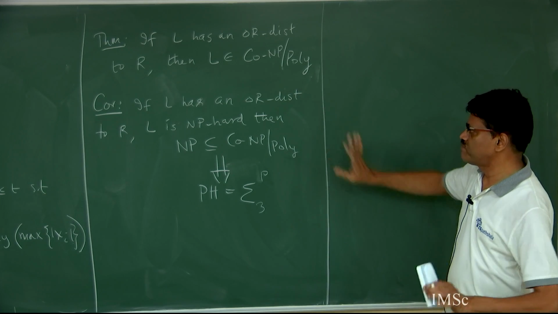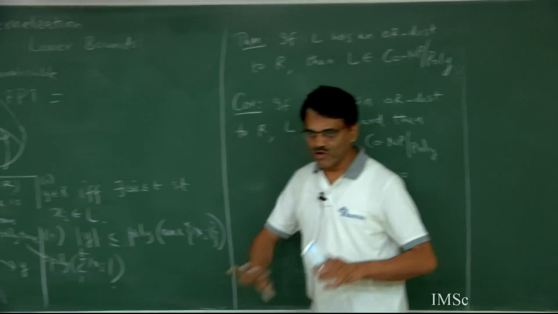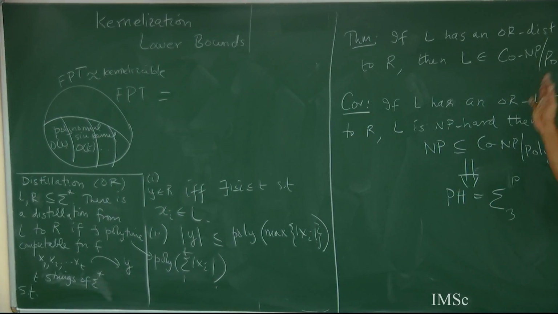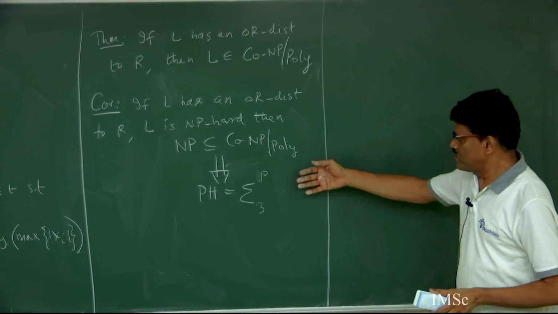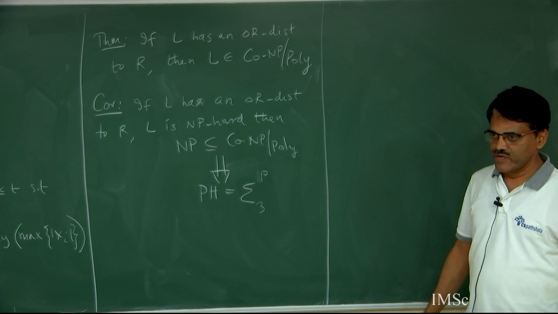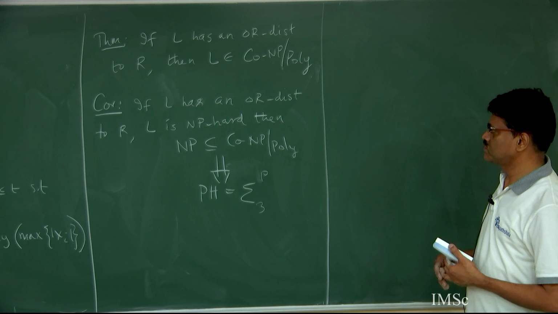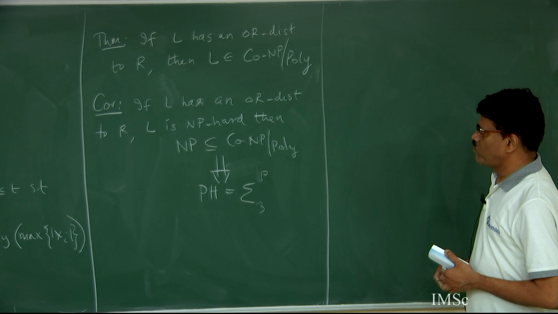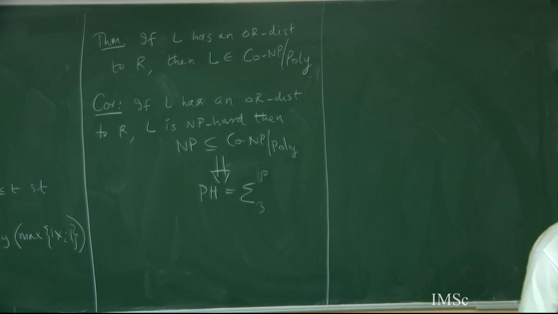So far, remember, we did not talk about parameterized problems at all. We are talking only about the unparameterized setting, Turing machines and languages and so on. Now we will translate this to parameterized problems, and then we will be set.